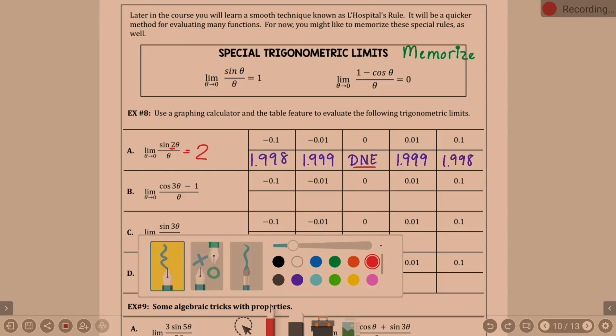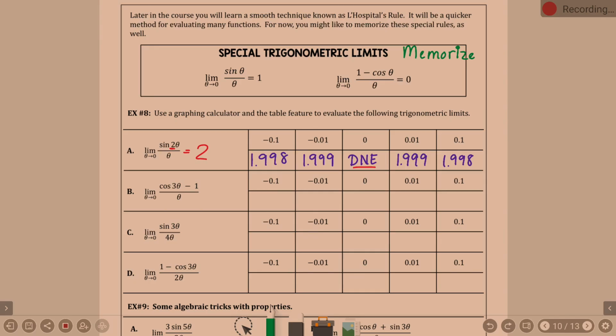I have 0.446, 0.044, DNE, shocker there, right? -0.044 and -0.446.